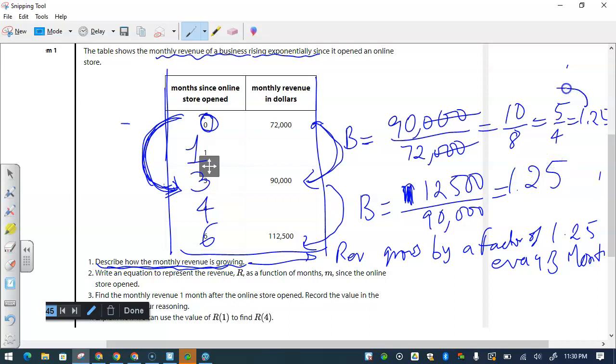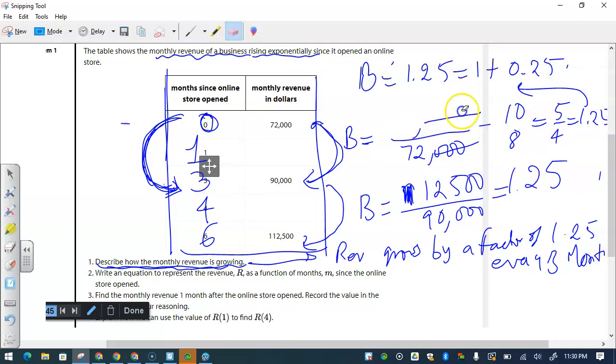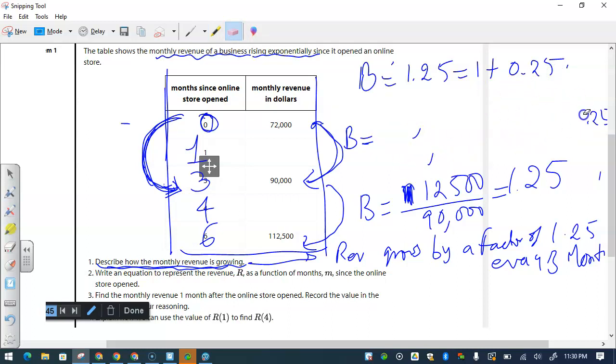I also want you to know what that 1.25 means. The growth factor is 1.25, which is 1 plus 0.25. We can write this as a percentage, right? The 1 means the original whole, 100%, whatever the original is, and the other part is 25 divided by 100.